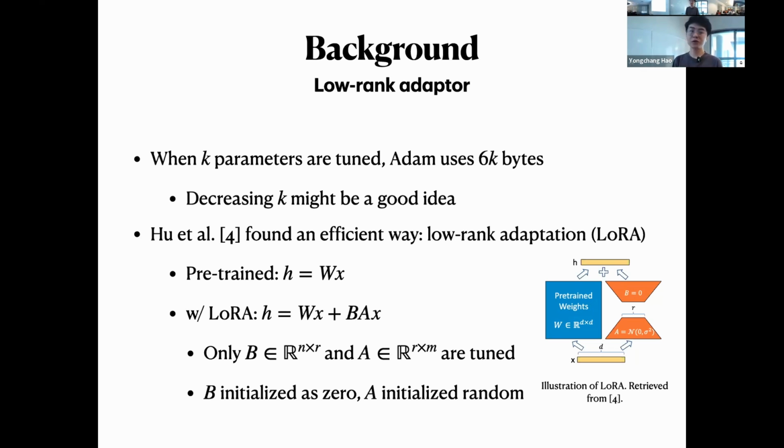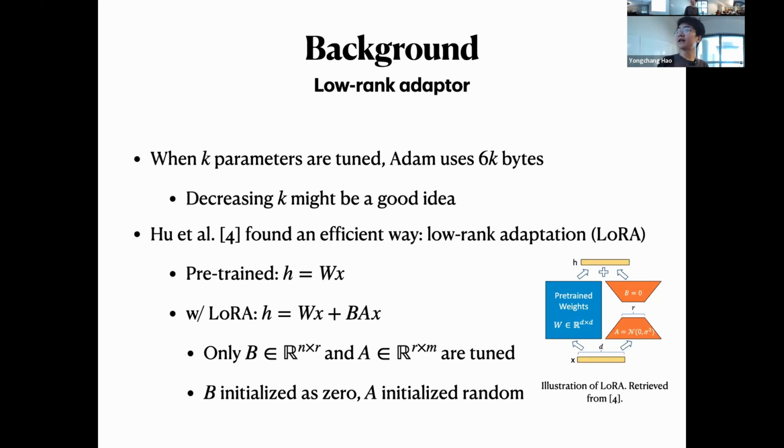And to make sure that these two matrices do not affect the original pre-trained model, they set B initialized as 0 so that you do not change the forward path at all. But to optimize, you cannot set both of them to 0 because in that case, you do not optimize at all.